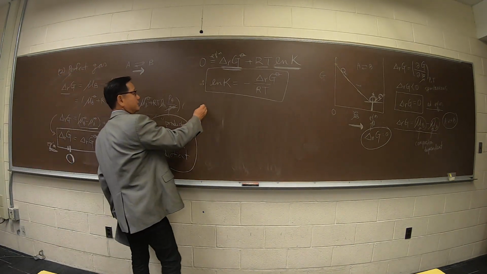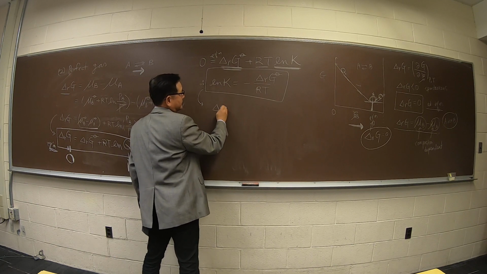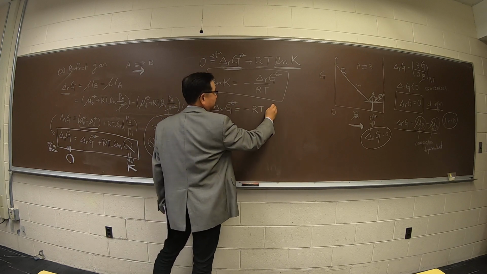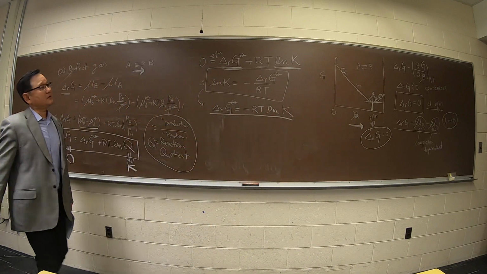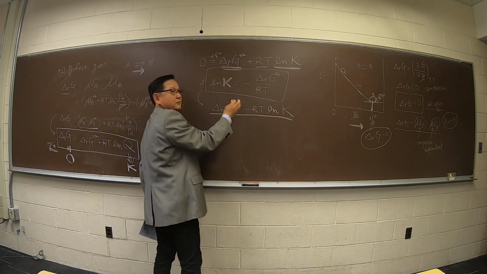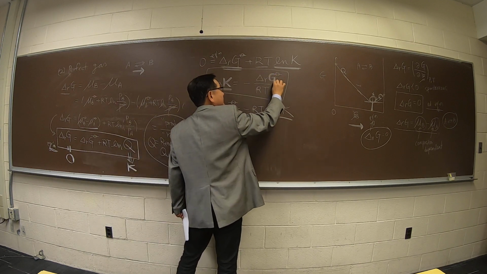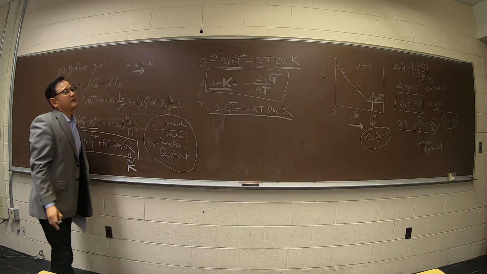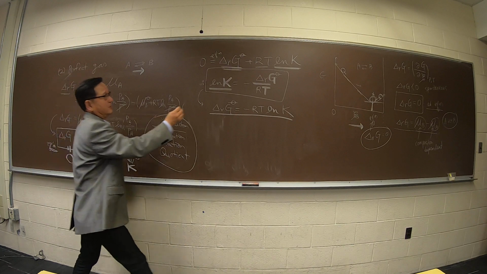Somebody might also want to write it as delta RG standard state equals minus RT ln K. This is the same form. Sometimes you use this, sometimes you use the other one. Remember, what's important here is that we care about K, but the natural log form of K is delta G divided by temperature. So ln K and 1 over temperature times delta G is what can be defined.